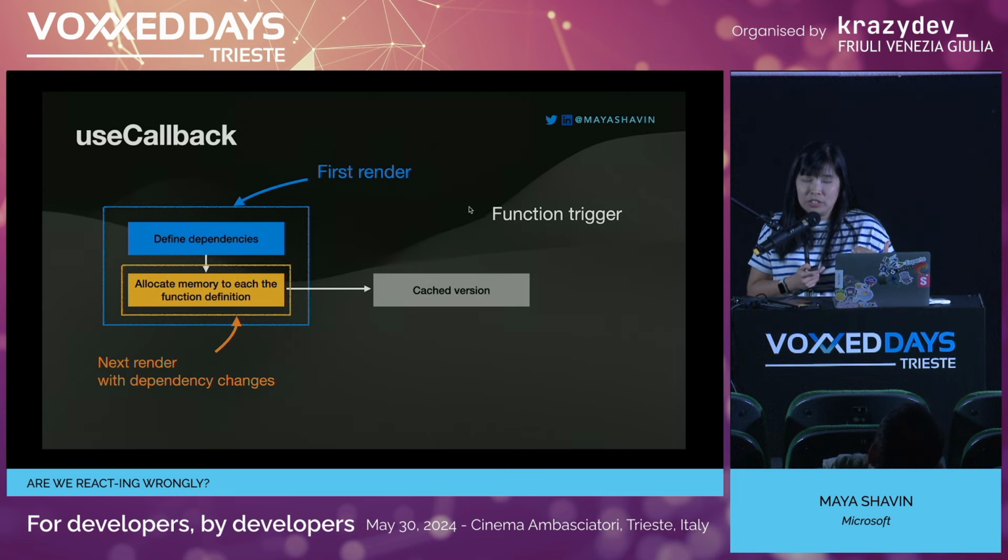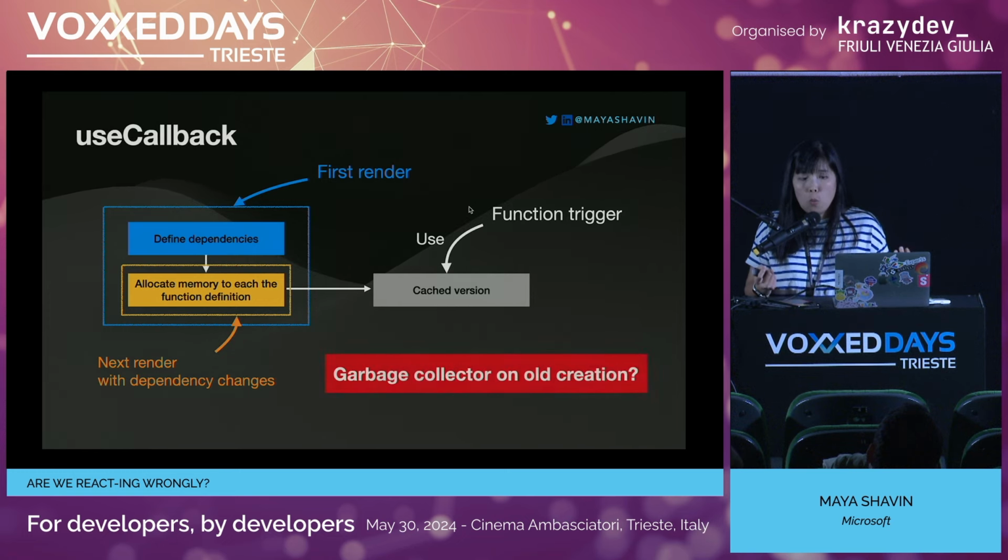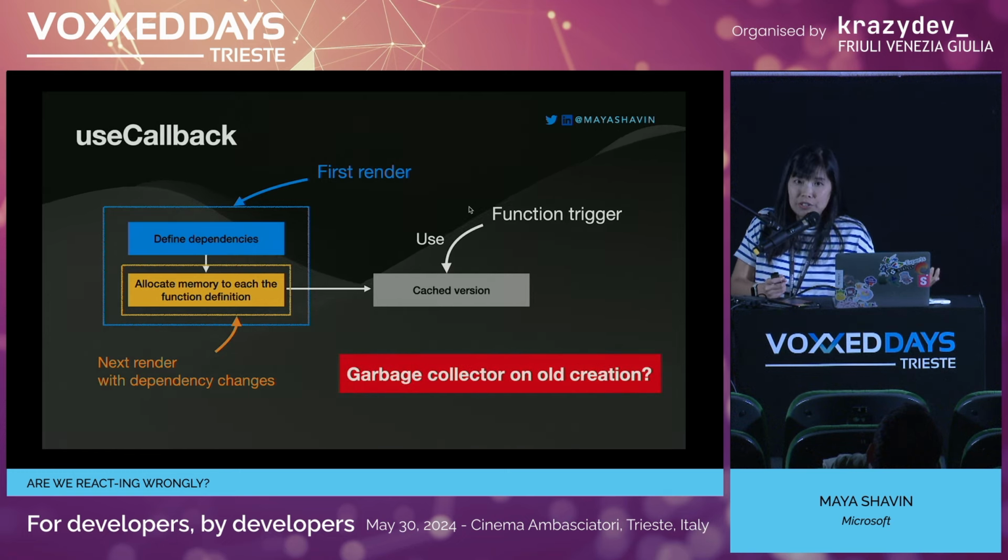Now here comes the question. If React ignores this function creation, what will happen to the created versions of the functions made by the browser? You may say that they already get collected by the garbage collector. But again, what about the garbage collector on the cached version?